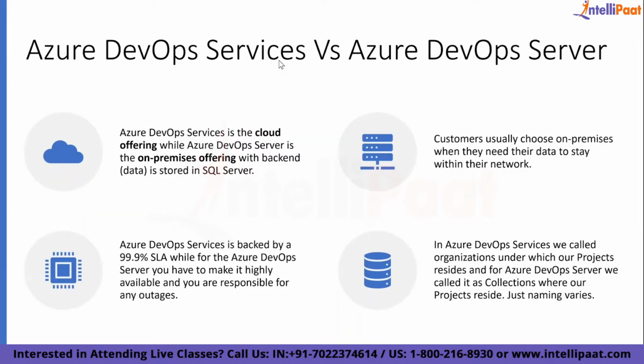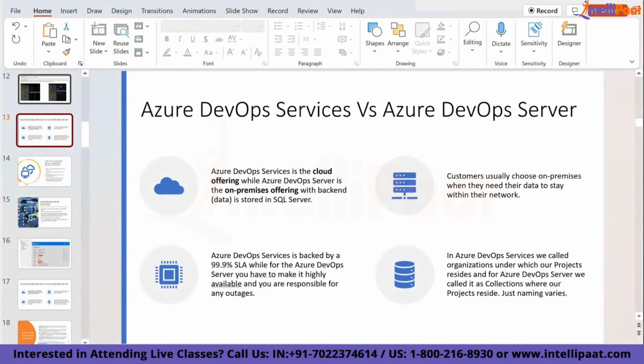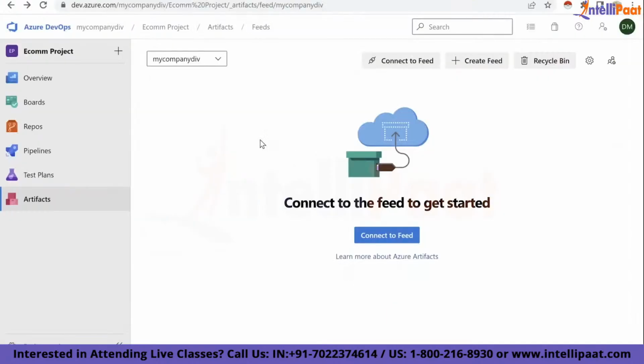What are Azure DevOps Services and Azure DevOps Server? The one we have discussed, Azure DevOps Services, is over the cloud, as I told you, a SaaS product, software as a service, managed by Microsoft Azure.